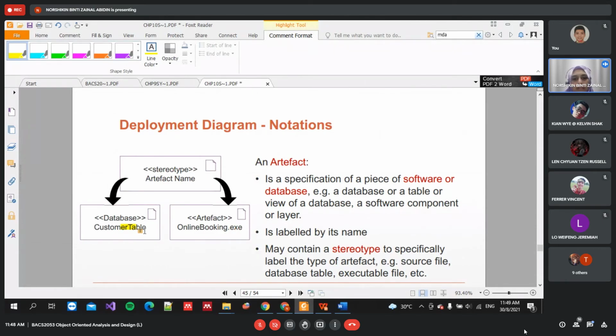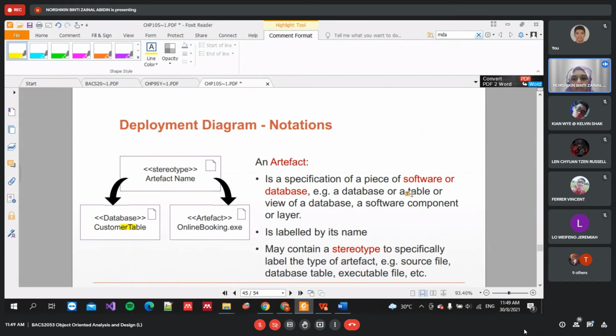So it is pointing to the specific table in our DB.